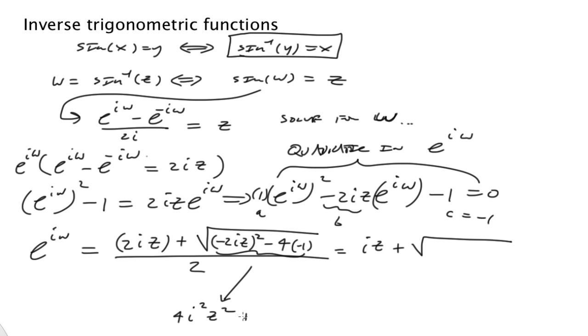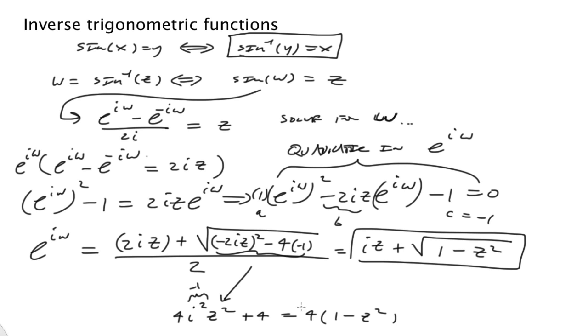Likewise, I see a plus 4 there. Okay, so that becomes a 4 times 1 minus z squared, because that right here is a negative 1. Of course, the 4 pops out of the square root and cancels that 2, so we're left with the square root of 1 minus z squared. So that's the formula.